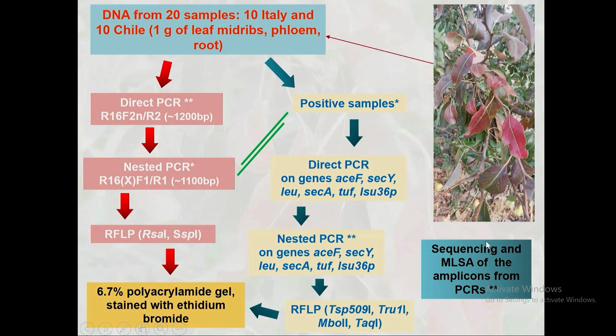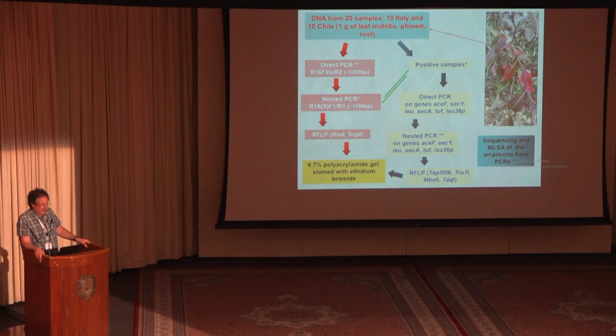Finally, something that I got only yesterday, because I received the last result just during the dinner, the sequencing and MLSA analysis with some of the amplicons obtained with several genes.